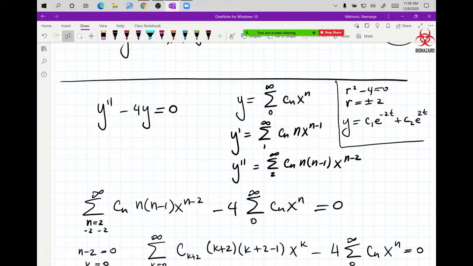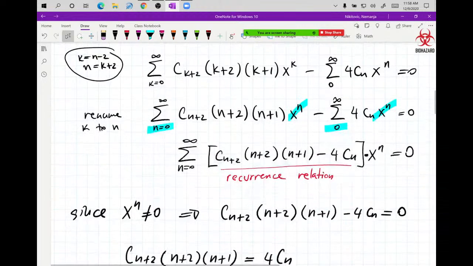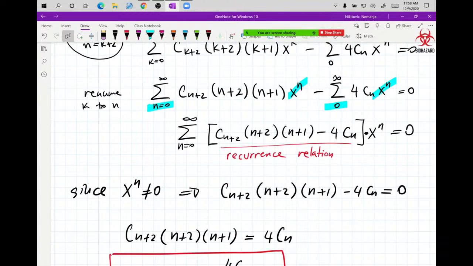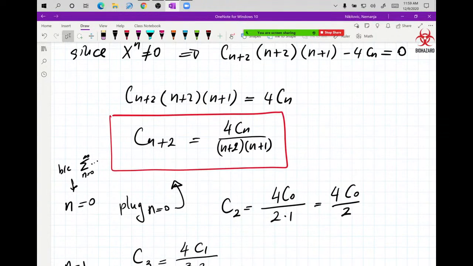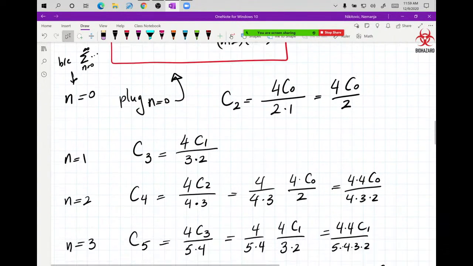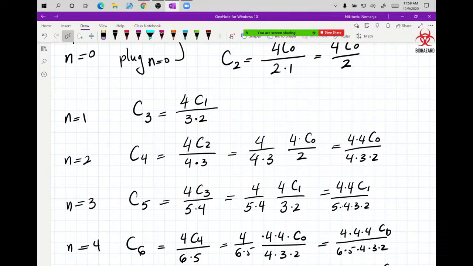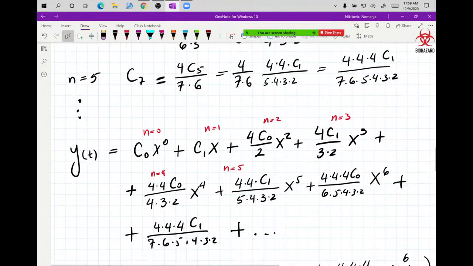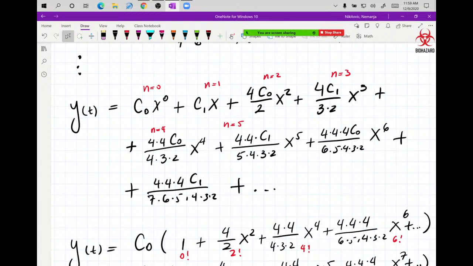So you either do shifting or peeling or both, depending on the problem. When you combine everything, that gives you the recurrence equation. You solve the recurrence equation for the largest Cn plus whatever value, which is the red box right there. And then you just work out a couple of these, 4, 5, 6 of these. I worked out 6, which allows us to write out the solution.